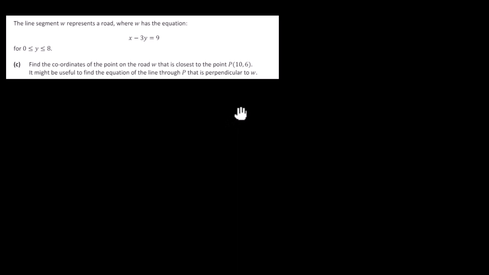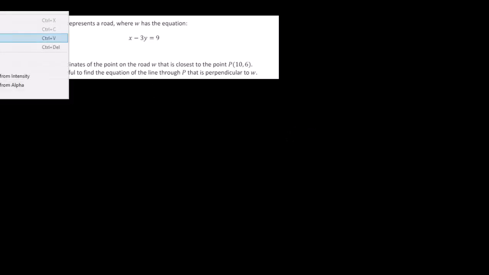Okay, next one. The line segment W represents a road where W has the equation x minus 3y is equal to 9, y is between 0 and 8. Find the coordinates of the point on the road W that is closest to the point P, which is (10, 6). It might be useful to find the equation of the line through P that is perpendicular to W. So let me just put the diagram down here again.